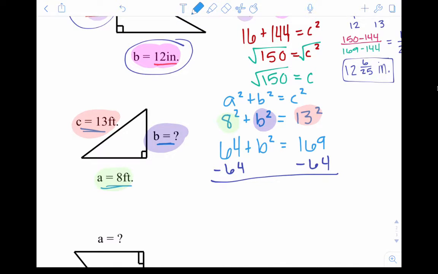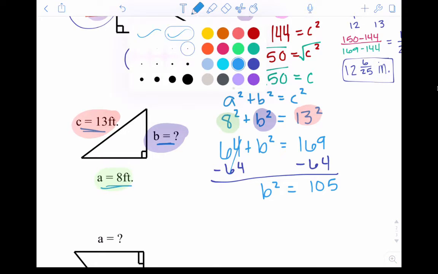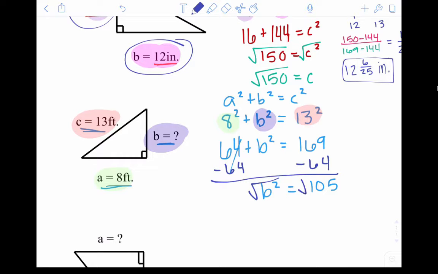So on the left side, I'm left with just b squared because my 64's cancel out. And on the right side, I have 105. Now I need to square root both sides because I don't care about b squared, I care about b. And when I do this, my square root and my square cancel out, and I'm left with b is equal to the square root of 105.